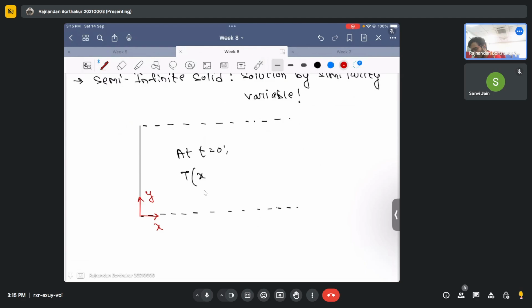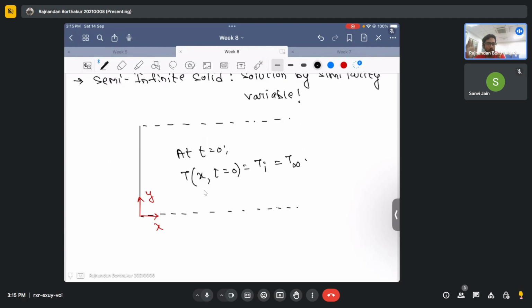So your temperature field, which is now a function of x, at time t equal to 0, is some Ti. This means you can assume that you know the initial temperature of this object. For instance, let's say you are keeping a brick in a room. You know that at time t equal to 0, the temperature of the brick is equal to the temperature of the ambient, which you can assume equal to some T infinity.